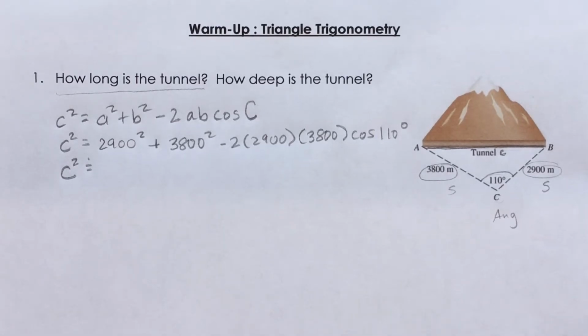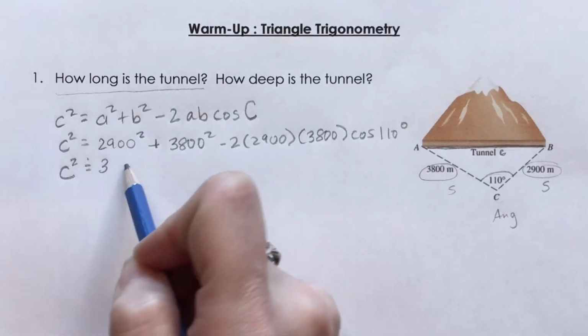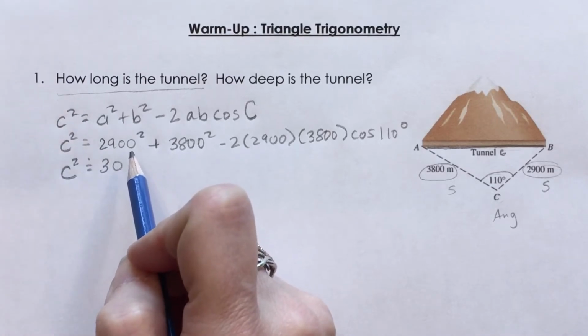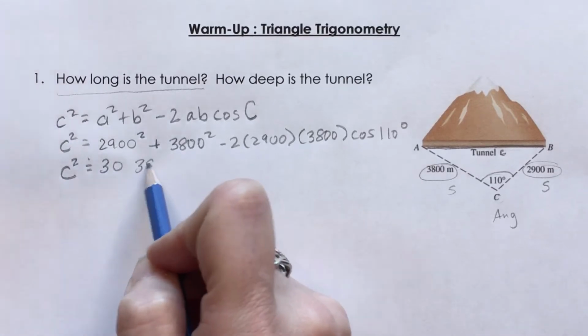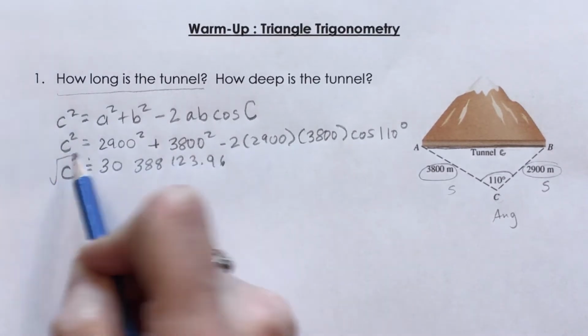So I'm typing in 2,900 squared plus 3,800 squared minus 2 times 2,900 times 3,800 times either 110 cos or cos 110, depending on your calculator, equals, and I get a very large number, 30,388,123.96, but then we're going to square root.